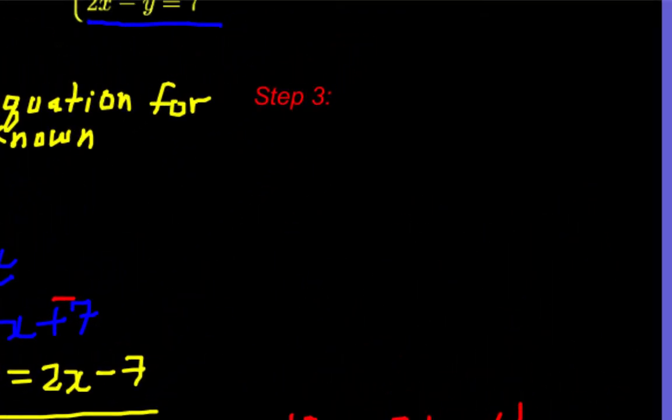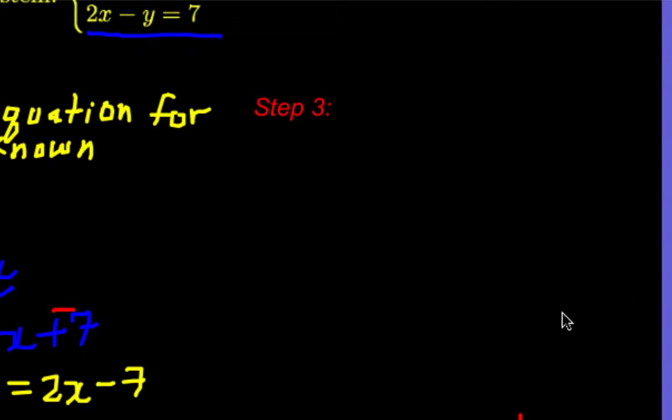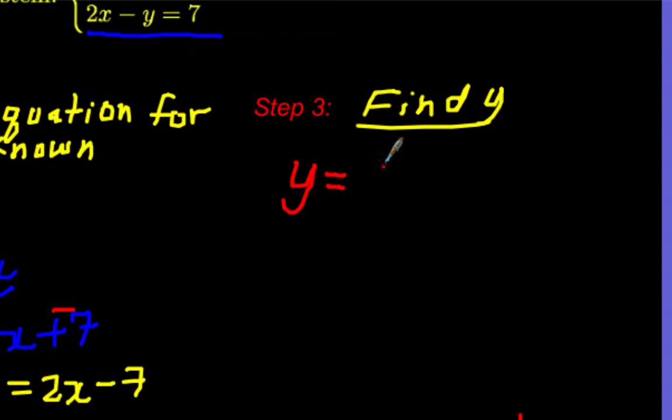So that's step 2. I'm going to go back up here where I have some space, and we'll work on step 3. Step 3 is find y. Because I solved for x, now we find y. We know that y is equal to 2x minus 7. So y is going to be equal to 2 times our x value minus 7.